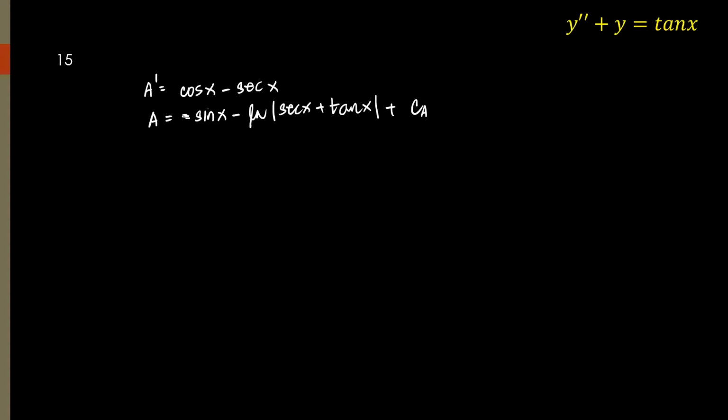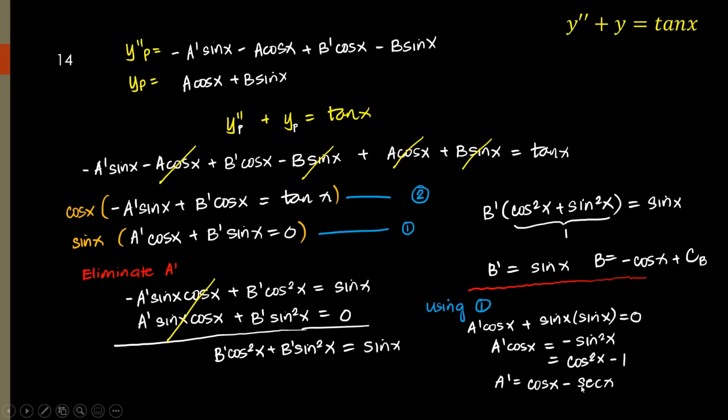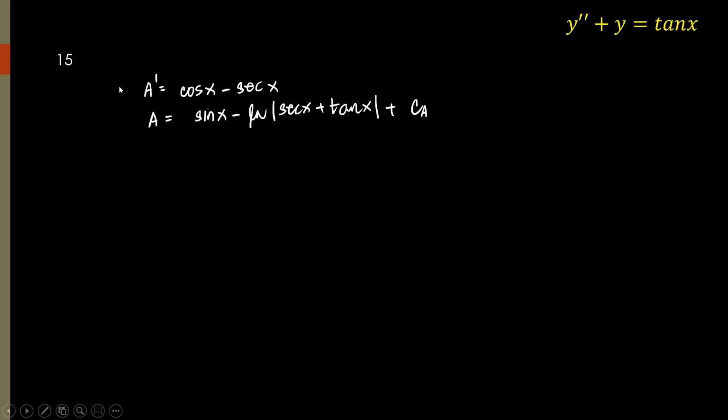Sorry, that's positive sine. All right. So again, integrating a prime, which is cosine minus secant. Where did I get that from? Here. Integrating cosine x minus secant x becomes sine of x minus ln of secant x plus tangent of x plus the constant coming from a.